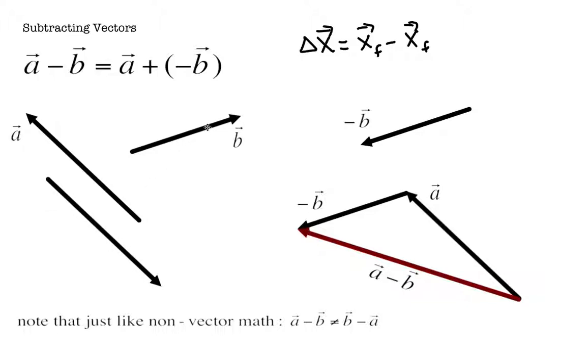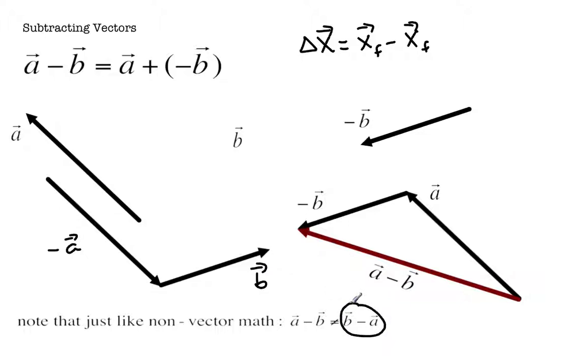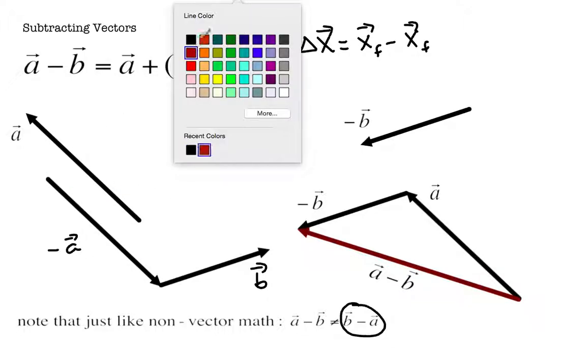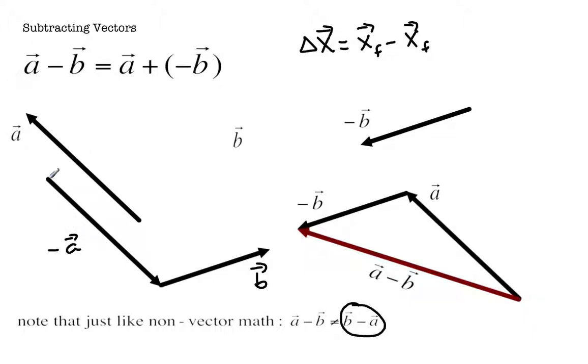And I'll take vector B from over here just to show. If I tip to tail the vector minus A and the vector B, that's what this is, B minus A. What I end up getting is an arrow, a vector that looks like this.